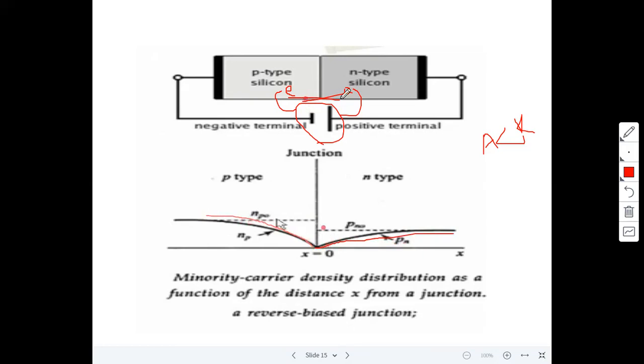They cross the junction and reach the equilibrium condition. At the junction, there are no charge carriers, remember.